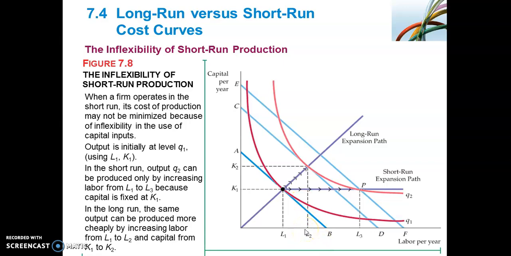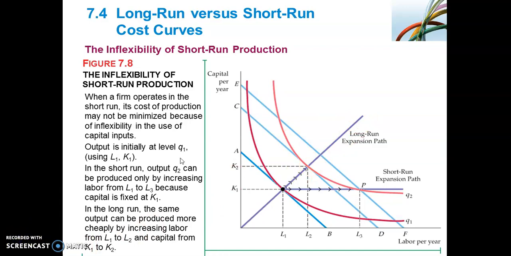And remember, in the long run, you were able to vary capital. So that is why you are able to choose this combination of K2 and L2. And this represents a cost minimizing combination of these two inputs to yield this output Q2. So now your long run expansion path traces through these two points of tangency.